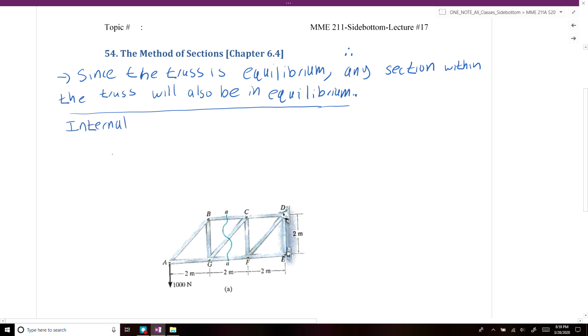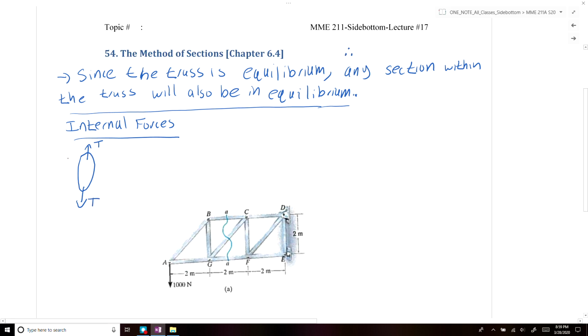So internal forces. If you have a bar that is in tension, we can do something called a section cut through that bar.